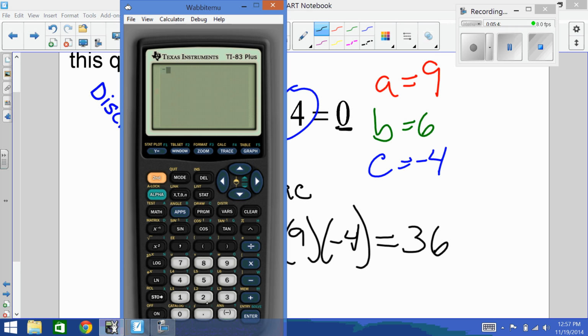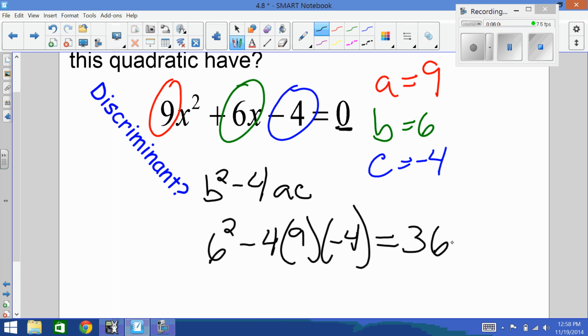So negative 4 times 9 times negative 4. Enter, and I get positive 144.